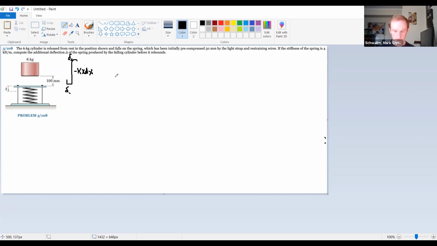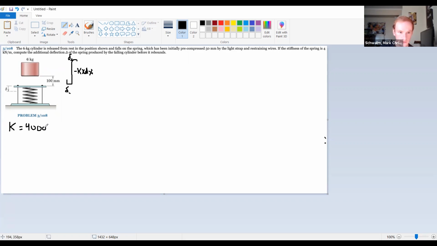All right, so what we are going to start with is we're just going to write down this K value. They give us 4 kilonewtons per meter. We're just going to go ahead and throw that into newtons per meter because they give this to us in kgs, and since it's so light, it's not going to be a big number, and we might as well just work with newtons instead of kilonewtons.